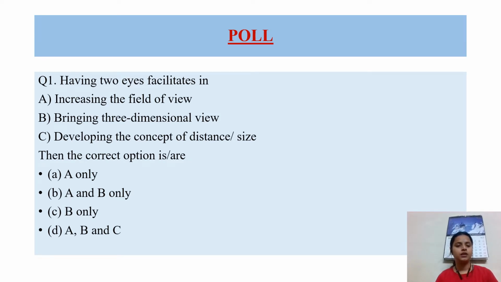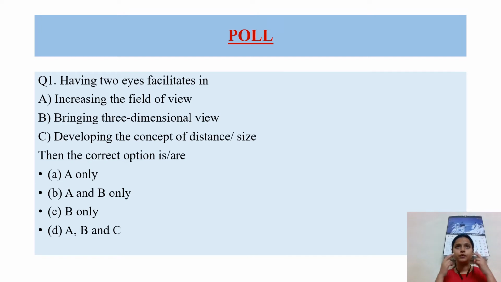Options are given here: A only, A and B only, B only, A, B and C. Now you need to mark the right option. Three responses are given here, and for these three responses we have given four options, so you need to take the right option.